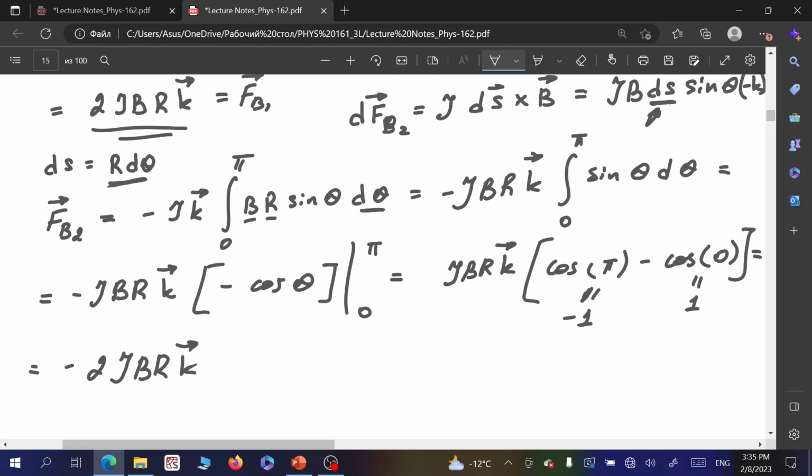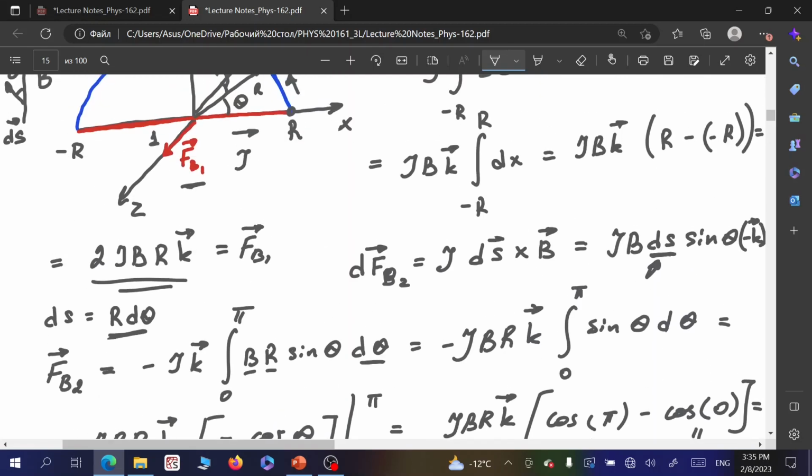So we take a look at this force, which is FB2 vector. And we come back to the previous one, which is FB1 vector. It's the same, just without this minus sign.